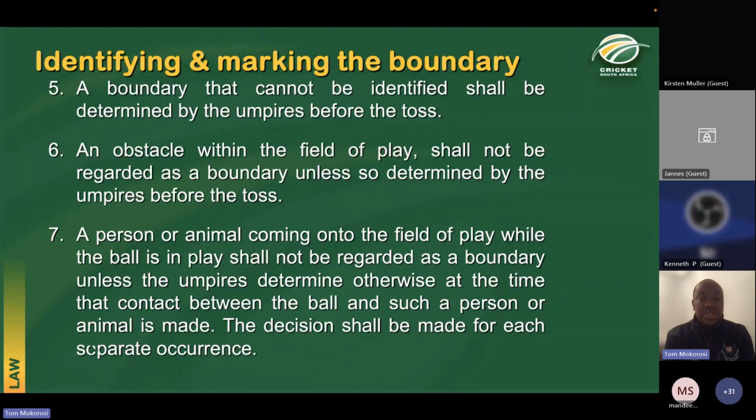If the umpires determine that if it was not for that contact made by the unauthorized person or animal, the ball would have gone on to go to the boundary, then they shall signal, the bowler's end umpire shall signal boundary 4.